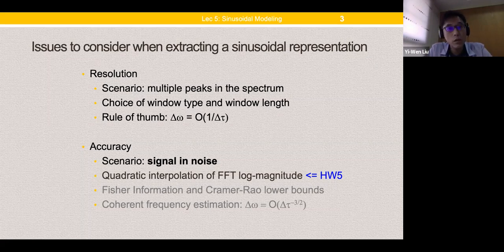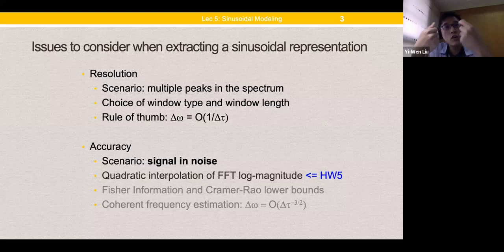So generally, we often have multiple peaks, and they can interfere, because of the uncertainty principle, sort of. The general principle is that you need to choose the type of window and also the length of the window so that you can resolve two different peaks.